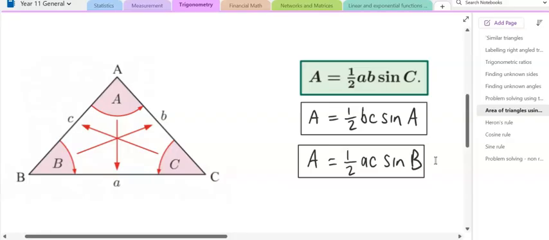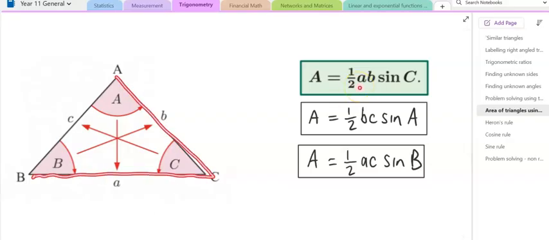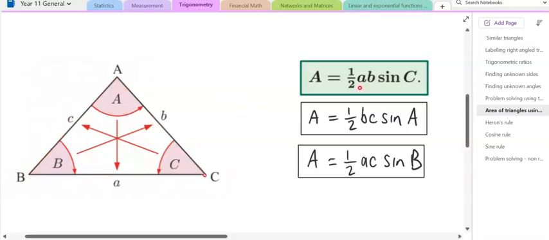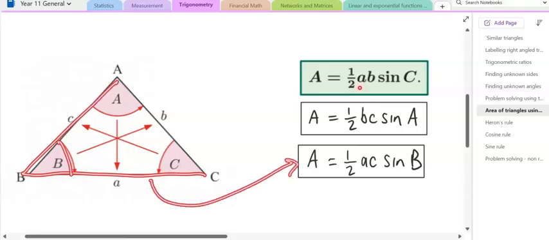So if, for example, I had lengths A and B and angle C given, I would use that first formula. If I had lengths B and C and angle A given, I would use the second formula. If I had lengths A and C and angle B given, I would use that last formula.